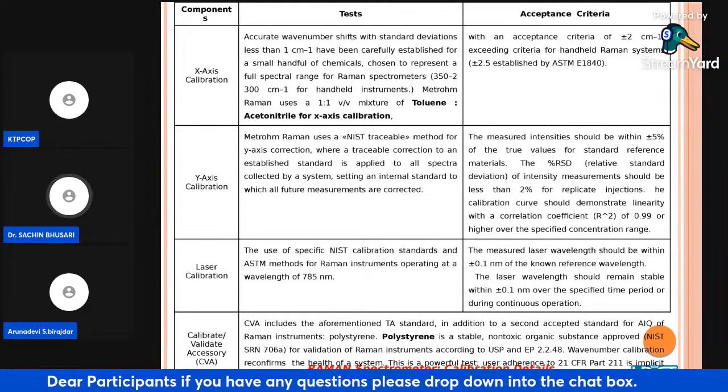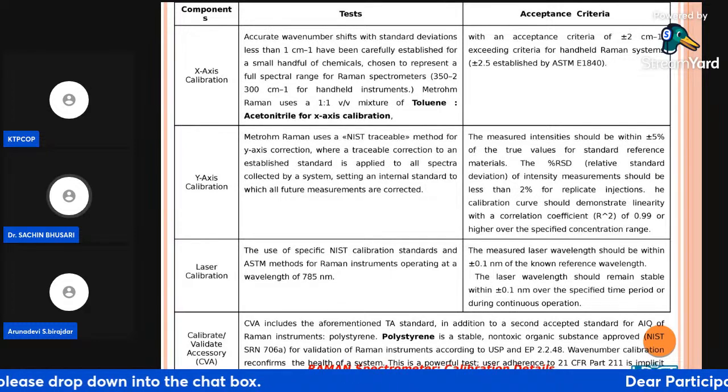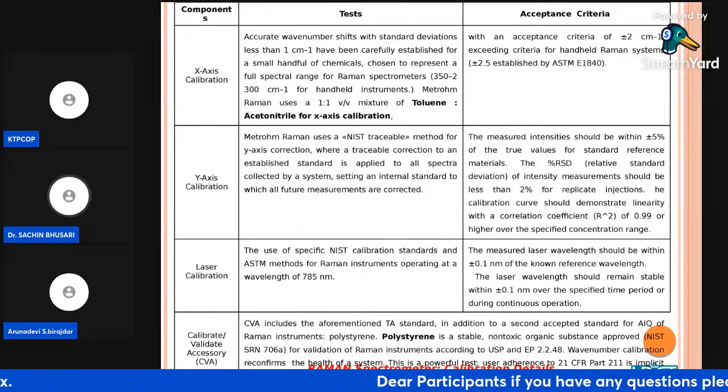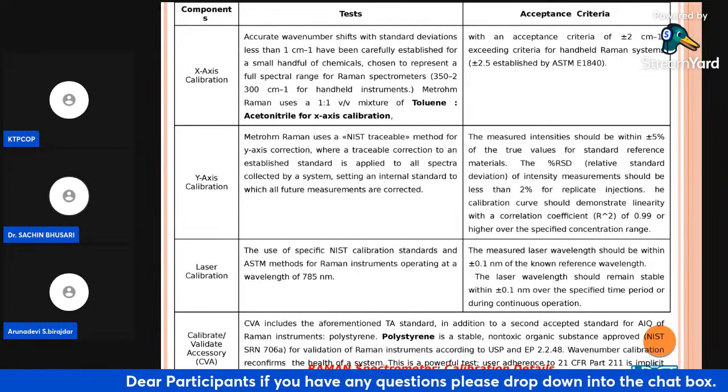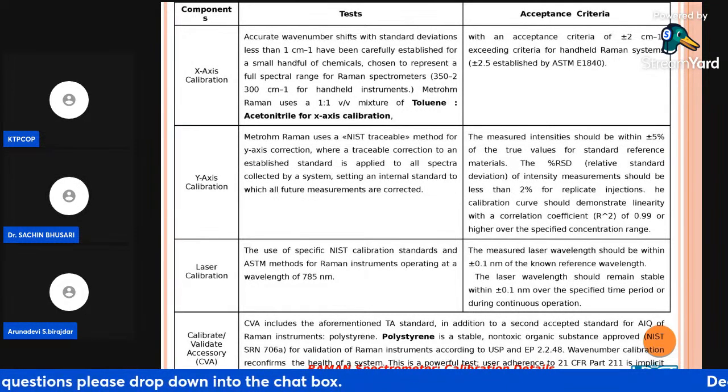Now, for Raman, if you want to verify the performance of the Raman, performance qualification. See, in Raman, there are four typical components which are mandatory to calibrate, recalibrate, even for new equipment. First, X axis calibration, Y axis calibration, laser calibration, and calibration or validation of accessories, CVA.